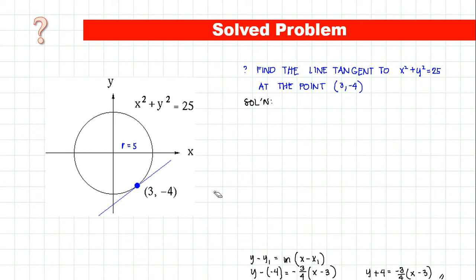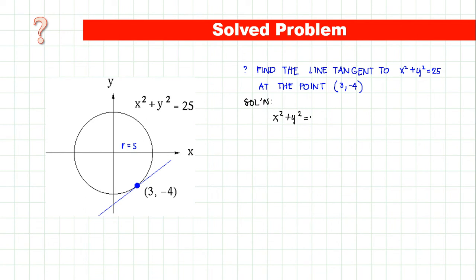Okay? Now, if we are going to solve this using implicit differentiation, ganito siya ginagawa. So, remember that yung nakuha nating slope is negative 3/4. And to get the implicit differentiation, isa-solve natin siya term by term. Okay? So, term by term, let's use x squared plus y squared is equal to 25.